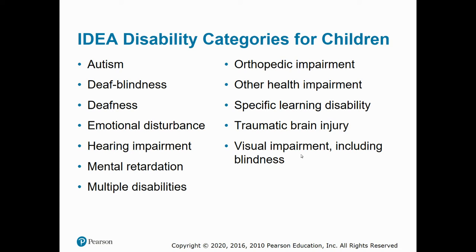So as far as IDEA, these are the disability categories for children. As you can see, if we have someone who is deaf, blind, some type of emotional disturbance, visually impaired, traumatic brain injury, there are ways in which we may need to modify our assessment strategies to accommodate that disability.